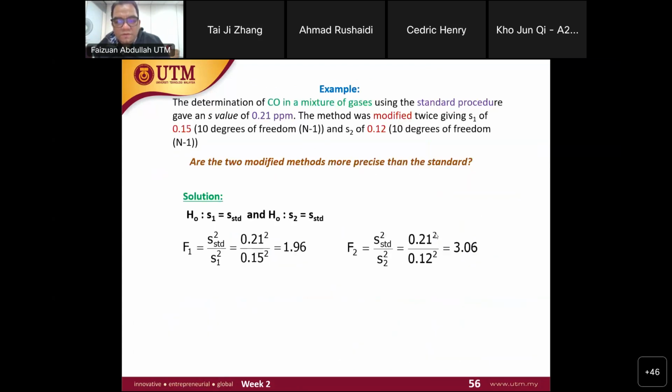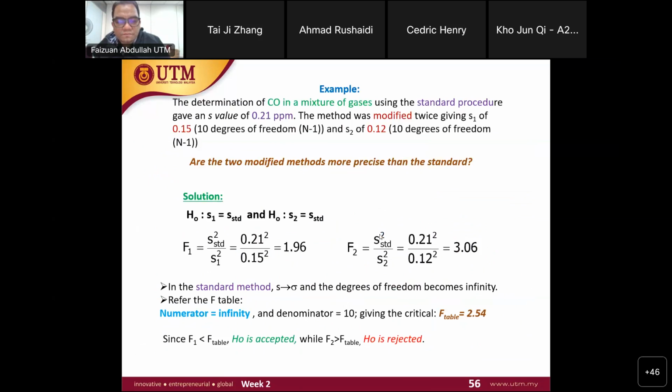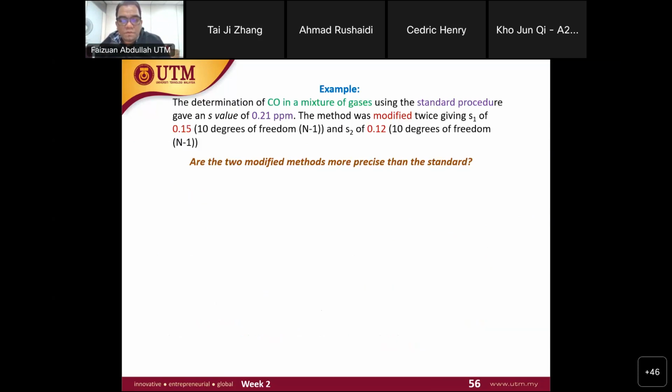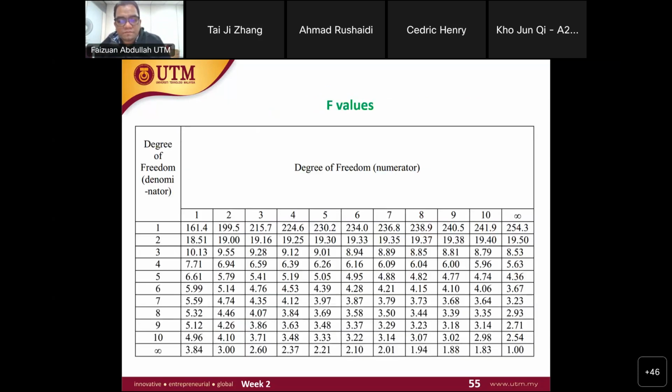Guys, do you have any idea how the degree of freedom for the question is decided as infinity, the numerator?